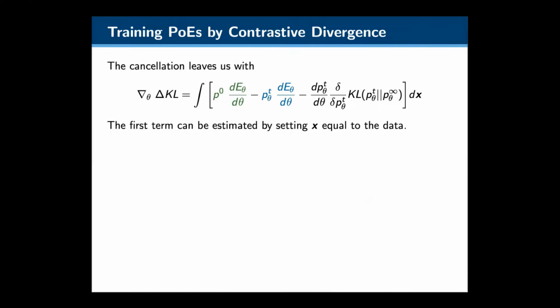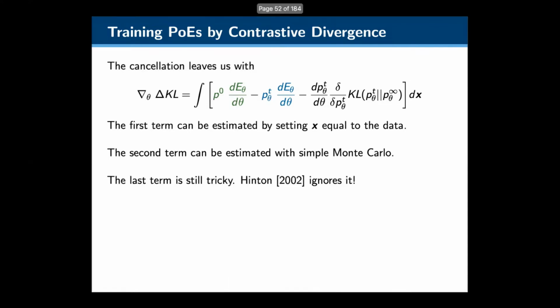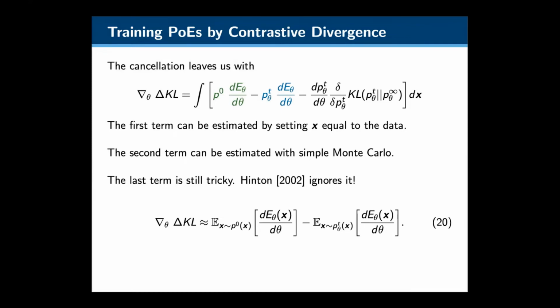The second term can be estimated with simple Monte Carlo by running your MCMC forward, and again it is tractable, so you can draw from this distribution. The last term, however, is still pretty difficult, and Hinton ignores it. That leaves us with this update rule, or this approximation.